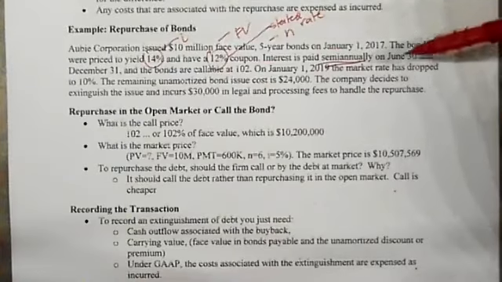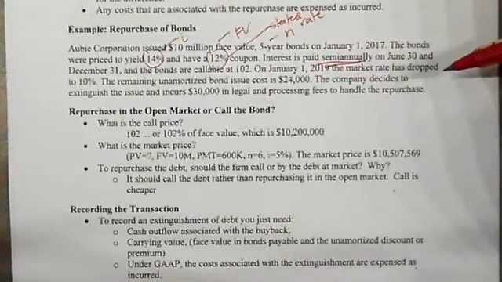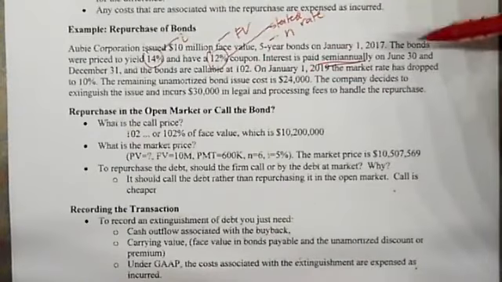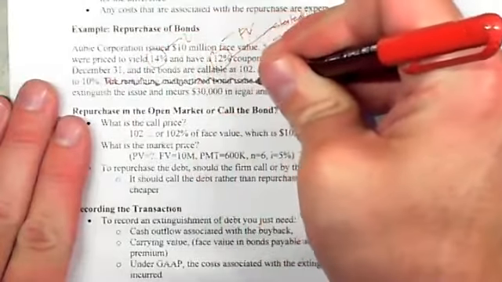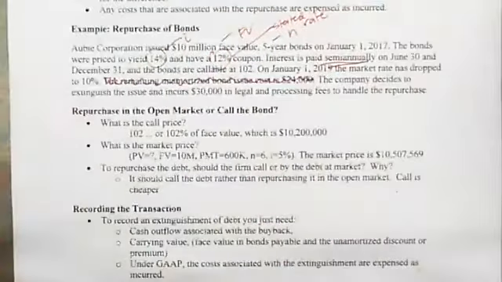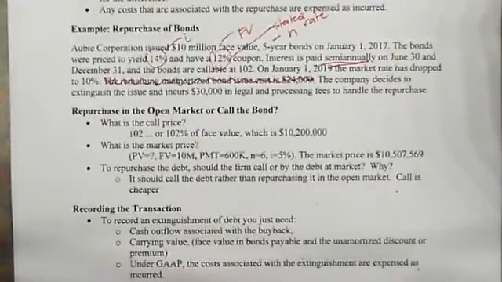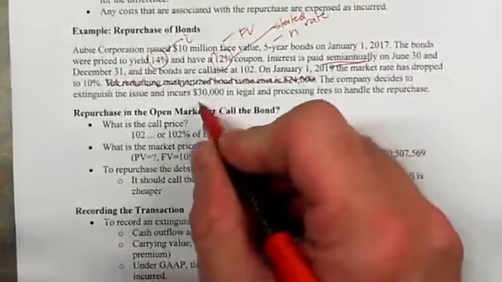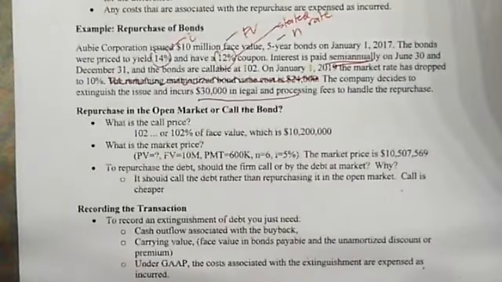It says that 2 years after their issue, on January 1st, 2019, the market rates dropped to 10%. Don't worry about the bond issue costs; that's from when we did this differently, so we'll just forget about them for the moment. The company decides to extinguish the issue and incurs $30,000 in legal and processing fees. That's an extra fee that we don't want wrapped up in the gain or loss on retirement.